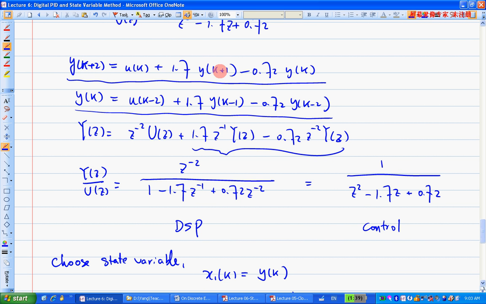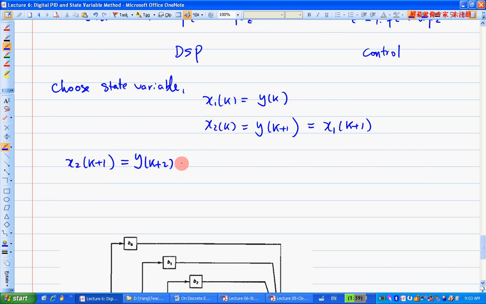Exactly, that's our original difference equation. So rewrite your original difference equation here: u of k plus 1.7 y of k plus 1 minus 0.7 y of k. So that's x2 of k plus 1.